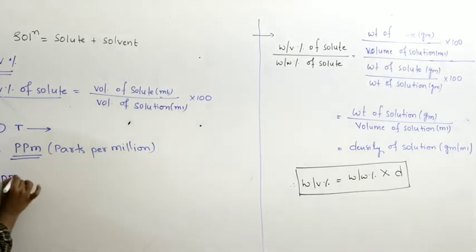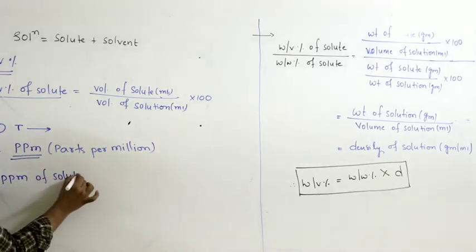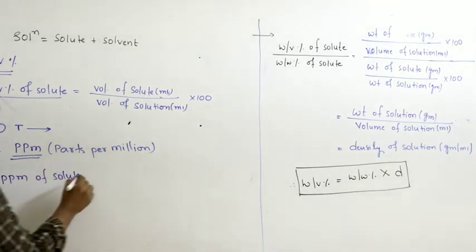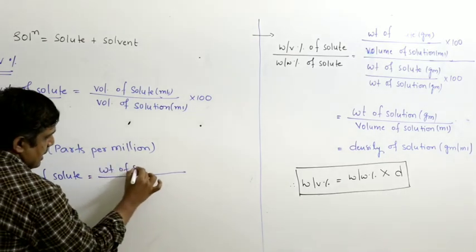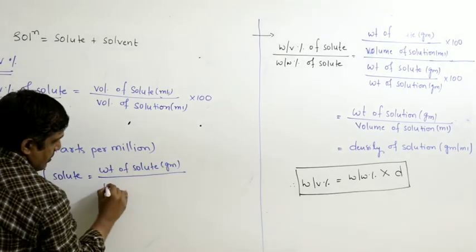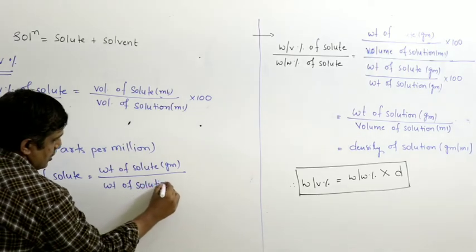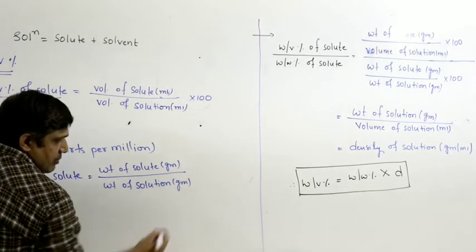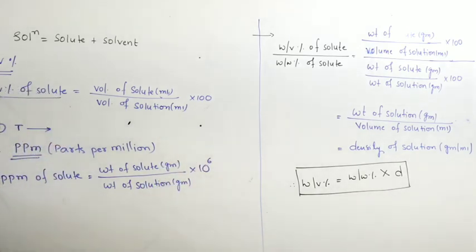So let us first define ppm of solute, same as weight by weight percentage. This is weight of solute in grams by weight of solution in grams. Instead of 100, here we multiply with 10 power 6, a part of a million.